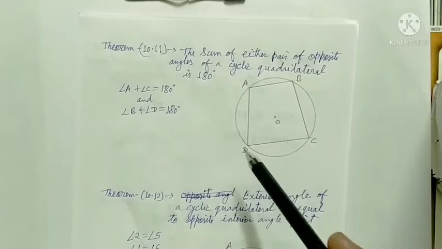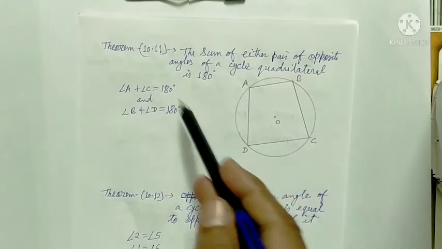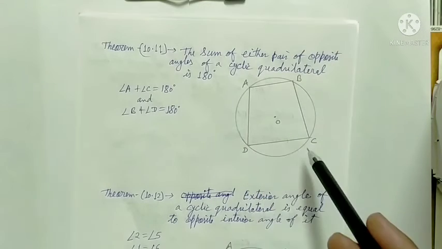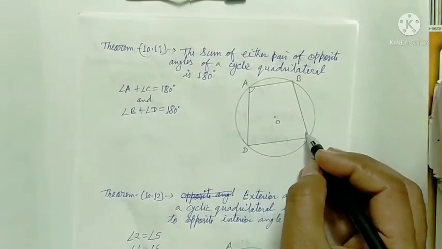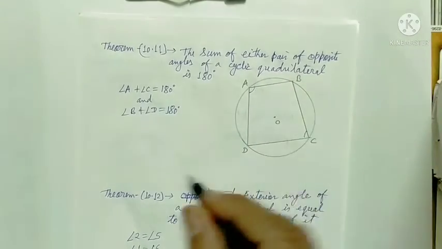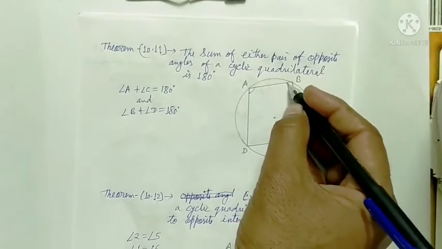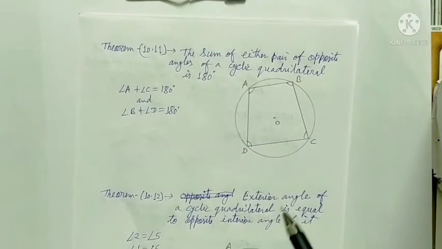And what is the property of a cyclic quadrilateral? The sum of either pair of opposite angles is supplementary, meaning angle A plus angle C, the sum of both angles is always 180 degrees. And similarly angle B and angle D also will be 180 degrees. So this is the property of a cyclic quadrilateral.